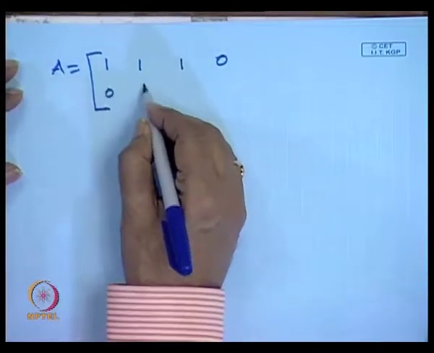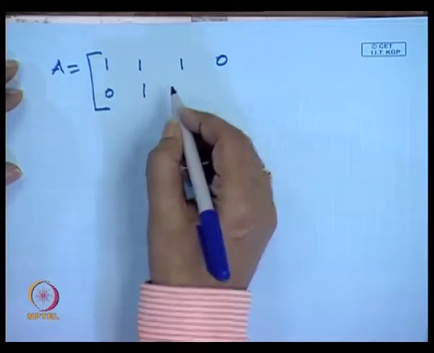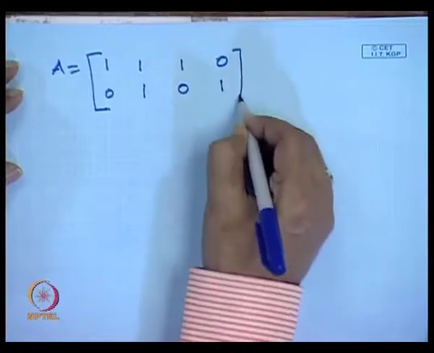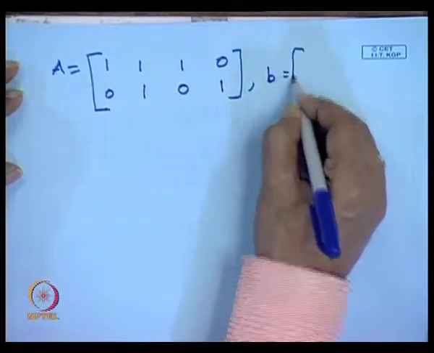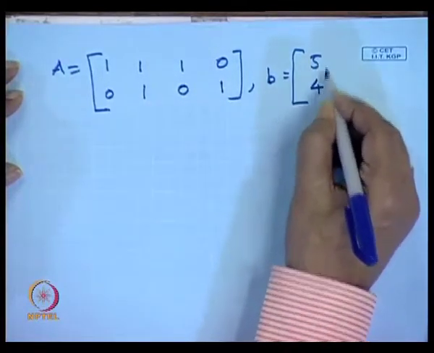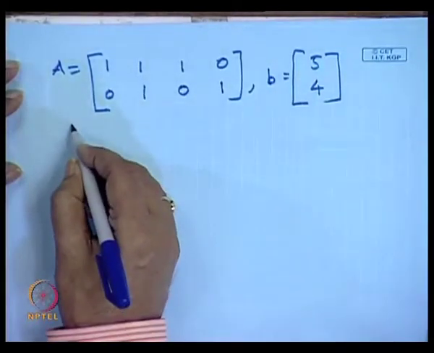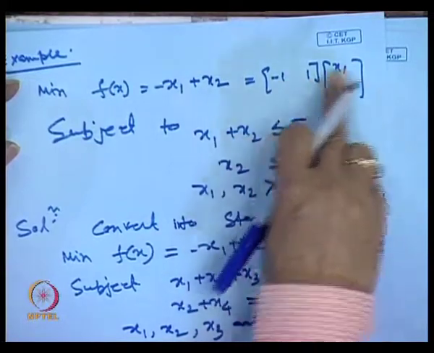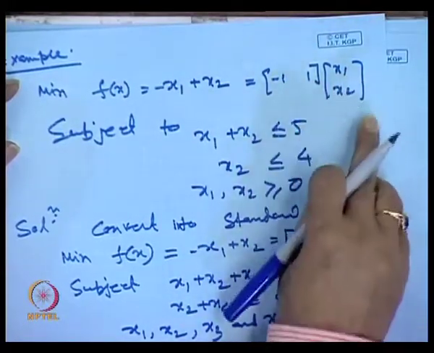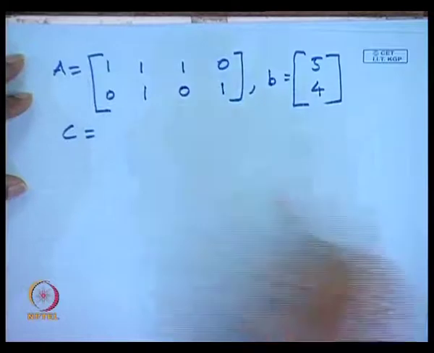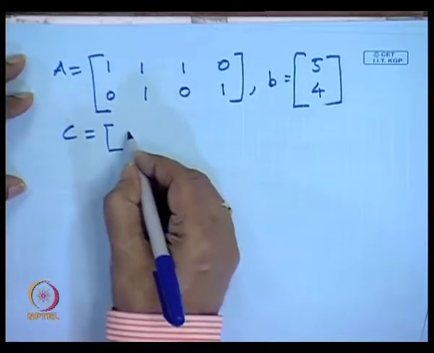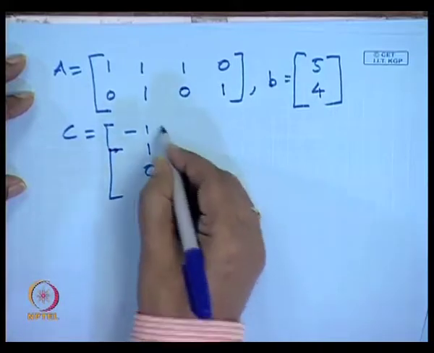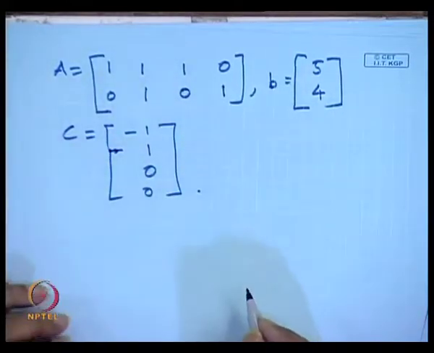This is the A matrix, and b is 5, 4. Our c matrix is the coefficients of x1, x2, x3, x4, so we write minus 1, 1, 0, 0.